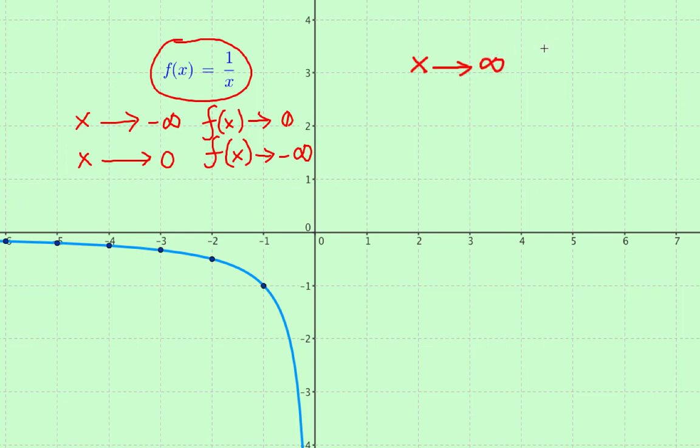So as the pen moves further and further to the right, well, f of x is going to tend to 0. And correspondingly, when x is very, very small but positive, then f of x is going to tend to plus infinity.